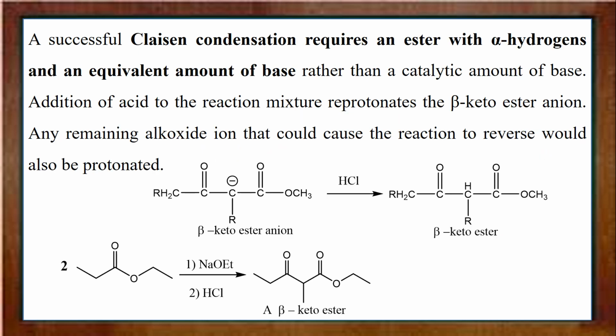A successful Claisen condensation requires an ester with alpha hydrogen and an equivalent amount of base, not a catalytic amount of base. So if you use 1 mole of ester, there should be 1 mole of base. And then we should add an acid to protonate the beta keto ester anion.